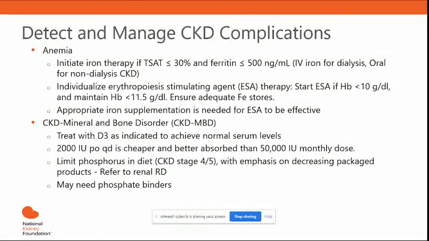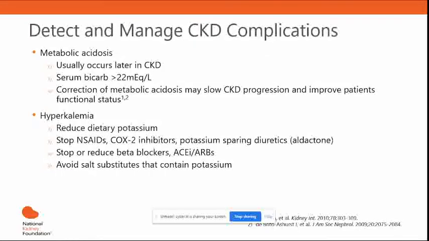So we have to correct the hyperphosphatemia by limiting the phosphate in the diet and also using a phosphate binding agent. Another complication is metabolic acidosis, which is fairly common but occurs in advanced stages of CKD. In patients who have CKD and metabolic acidosis, when the bicarbonate is low, we use sodium bicarbonate supplement to keep their bicarbonate level more than 22, because by correcting the acidosis, their functional state improves.